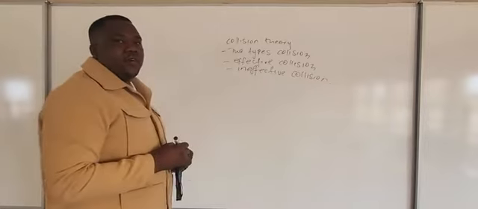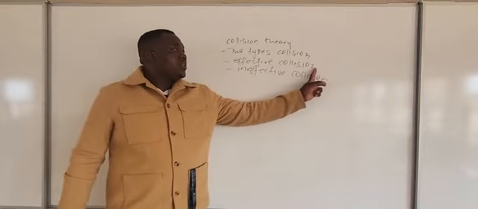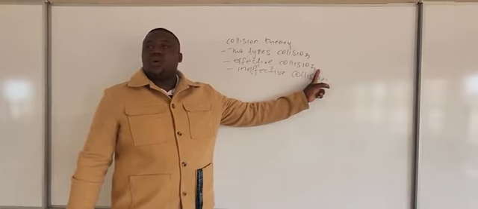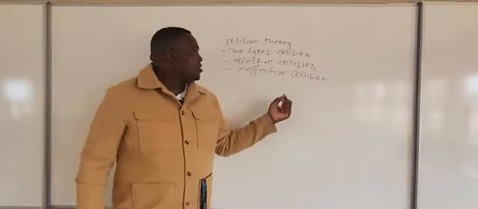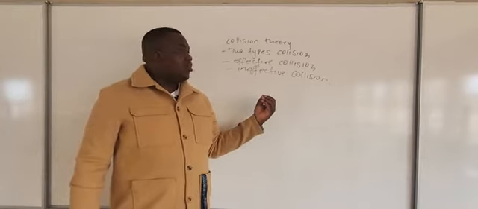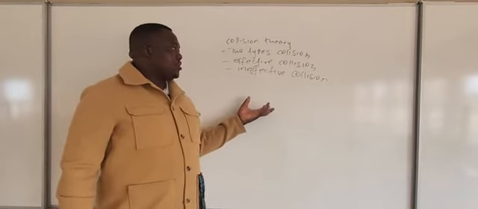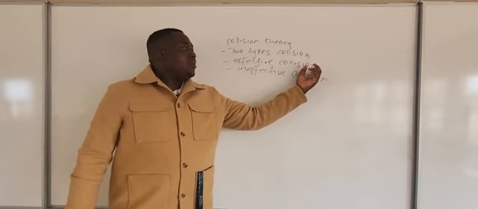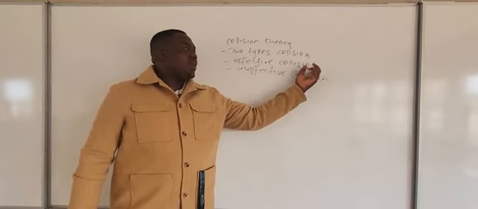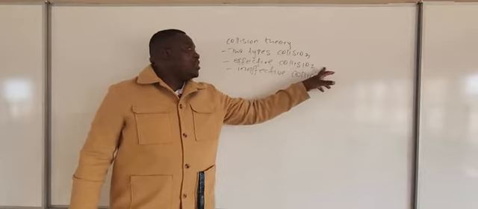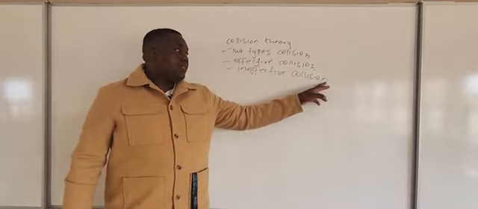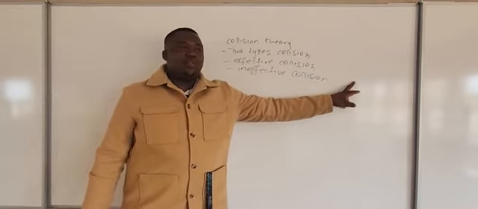What is effective collision? Effective collision is a type of collision which results in the formation of new bonds and new molecules. The bonds are going to break and new bonds are going to be formed. That's effective collision.